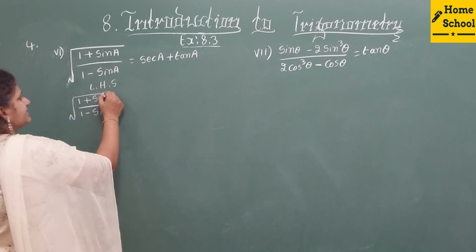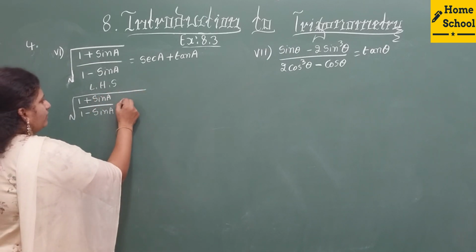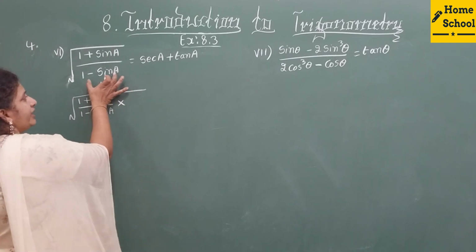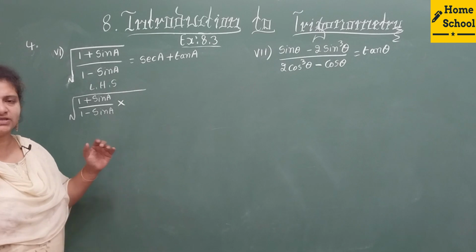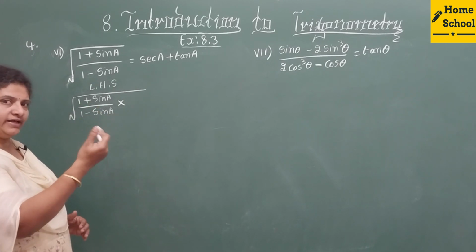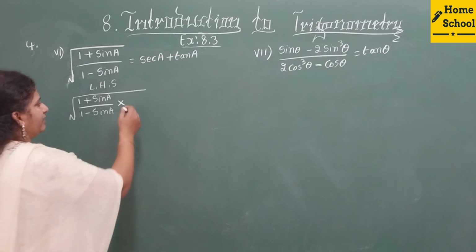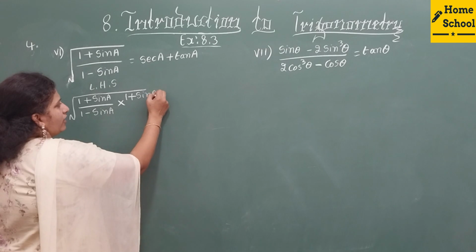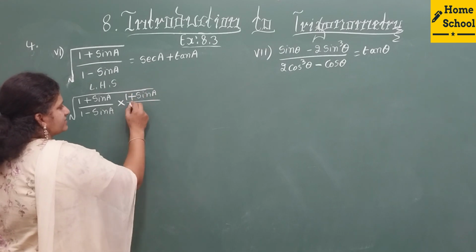Just extend the square root, multiply the conjugate of the denominator. What is the conjugate of the denominator? 1 minus sin A. Conjugate is 1 plus sin A. Multiply for numerator and also denominator.